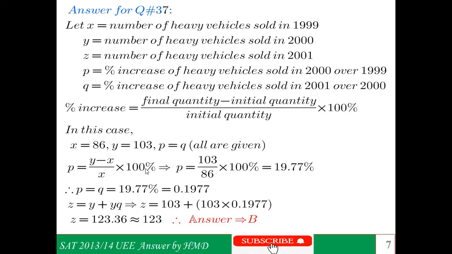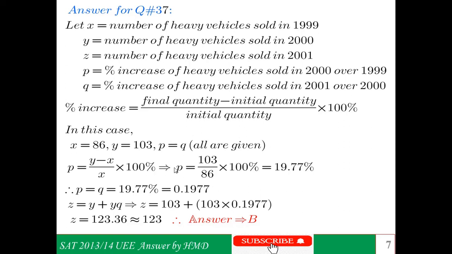This implies the percentage increase of heavy vehicles sold in 2000 over 1999 is equal to the number of vehicles sold in 2000 minus the number of heavy vehicles sold in 1999 over the number of heavy vehicles sold in 1999 times 100%.